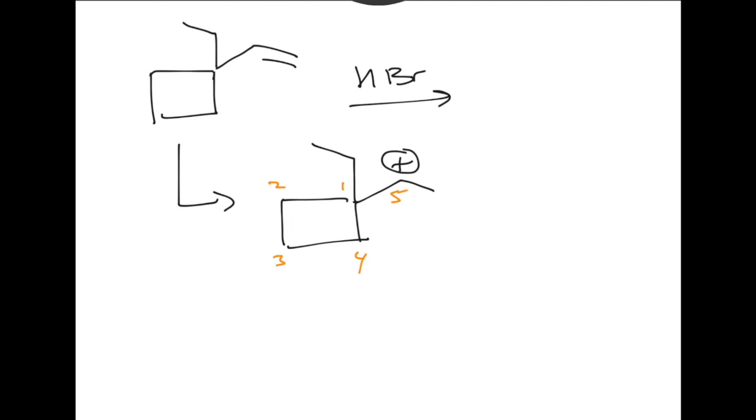So I'm going from a 4 to a 5, make the carbocation 5. Now in a ring expansion, we're going to take the electrons between carbon 1 and carbon 4 and break that bond. Those electrons are going to slide out to carbon 5. So you break the bond between carbon 1 and carbon 4 and make a bond between carbon 4 and carbon 5.